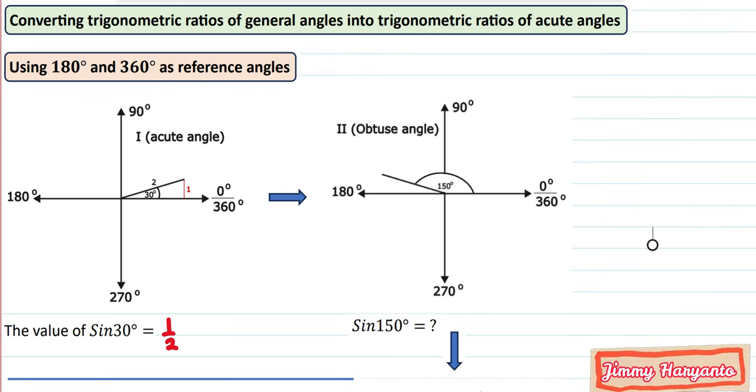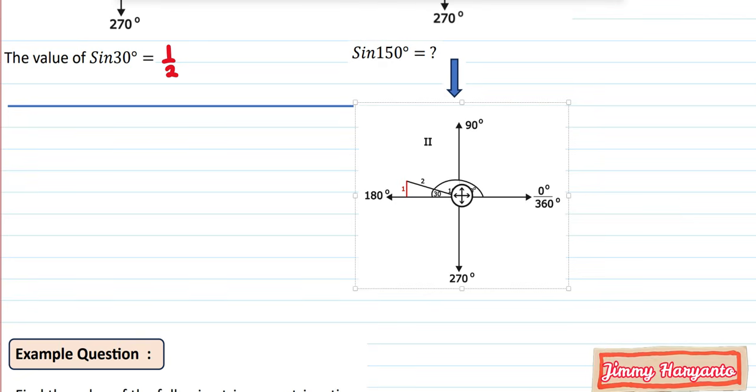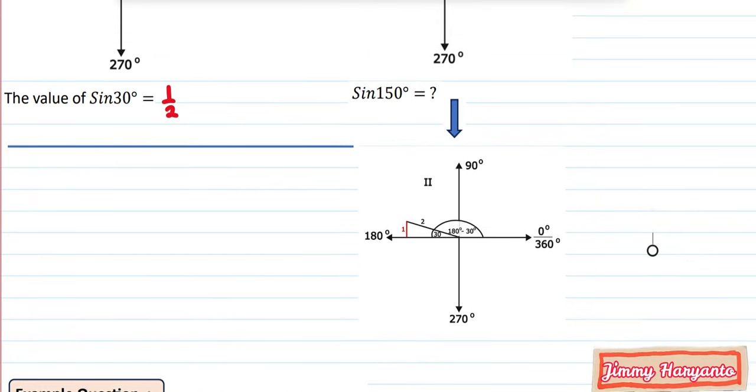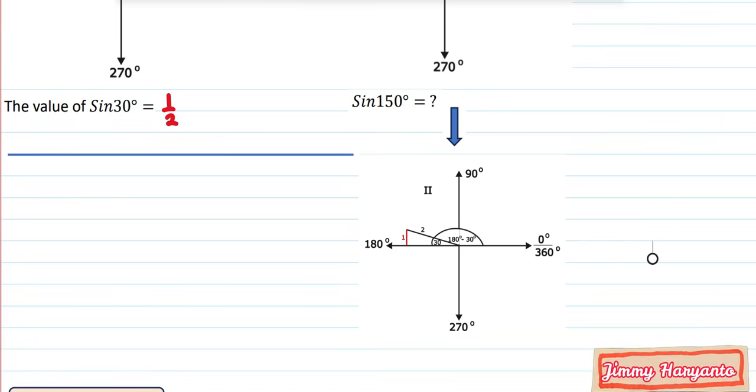How do you do this? First, you have to decide which reference angle you want to use. For this one, I want to use 180 degree as the reference angle because 150 is very close to 180. Because I use 180, that means the triangle will be like this.